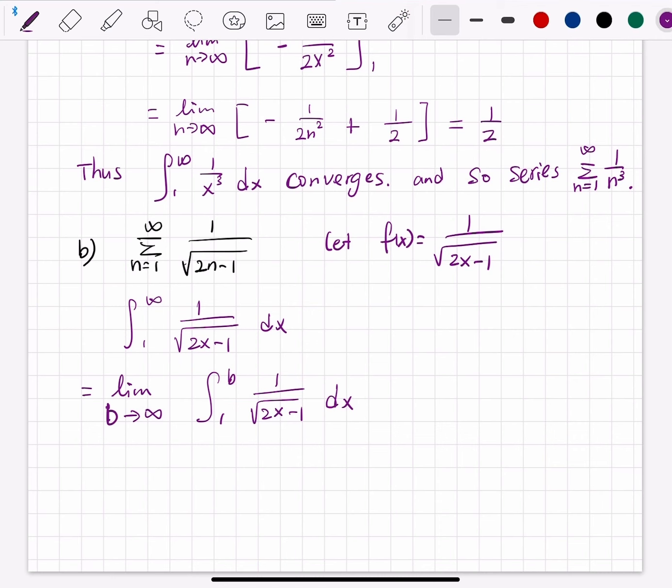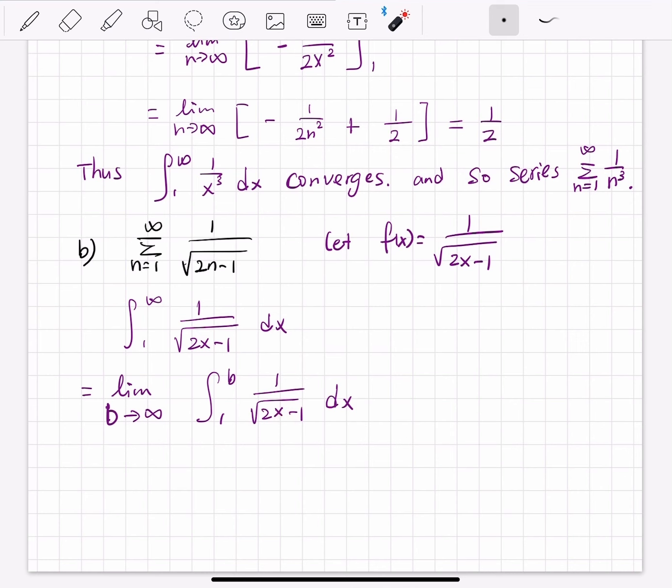And we can use u substitution. So this is going to be the negative 1/2 power.